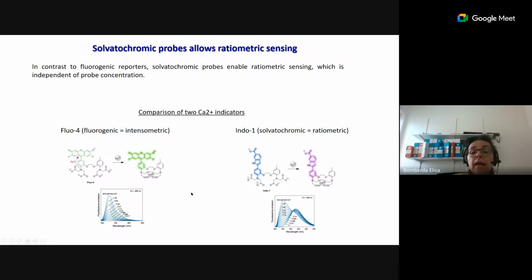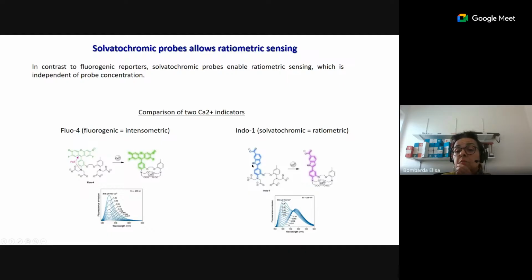Instead, the other one is a solvatochromic probe, and here is practically the same experiment. As the concentration of calcium changes, you see there is a shift of the emission.